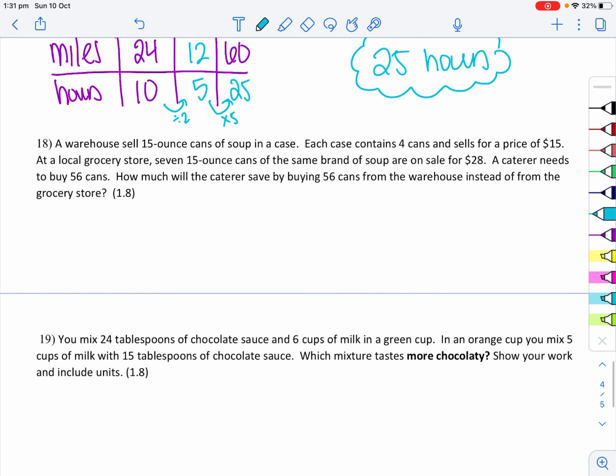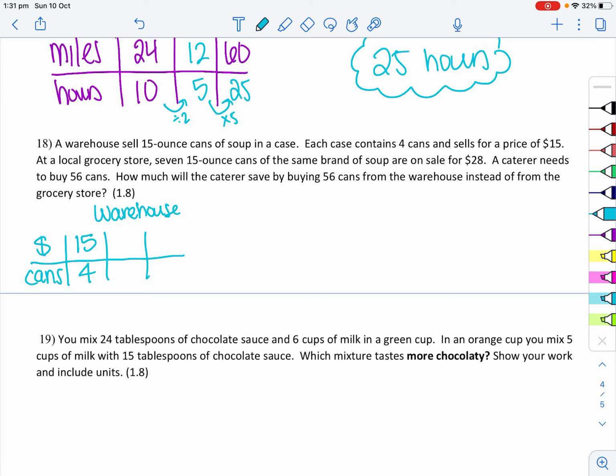Number 18 says a warehouse sells 15-ounce cans of soup in a case. Each case contains 4 cans and sells for a price of $15. So I'm going to set up my warehouse first. So dollars and cans. So I've got $15 for 4 cans.